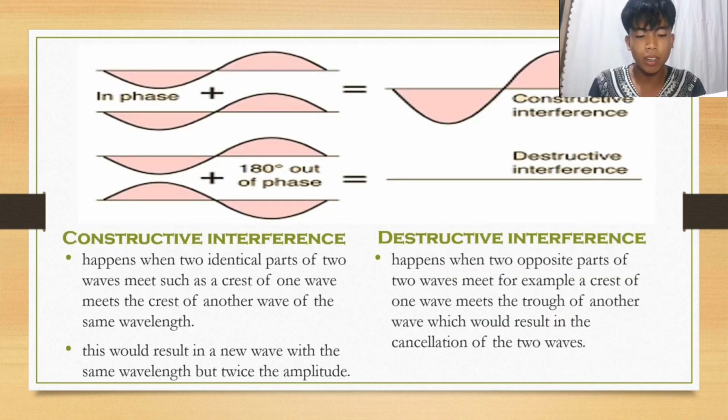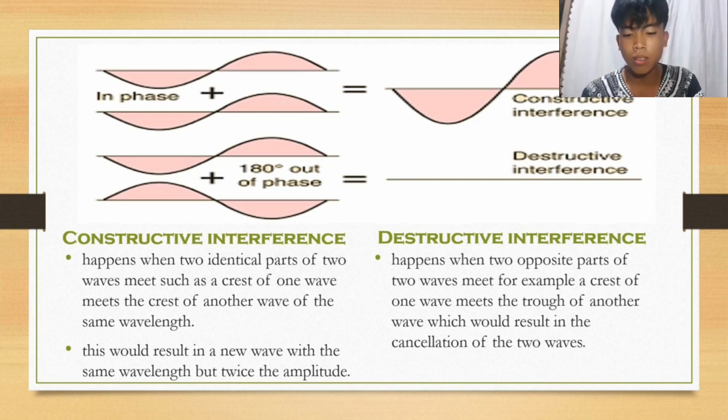Constructive interference happens when two identical parts of two waves meet, such as a crest of one wave meeting the crest of another wave of the same wavelength. This would result in a new wave with the same wavelength but twice the amplitude. You know it's constructive interference if the resultant wave's amplitude is equal to the sum of the two waves.